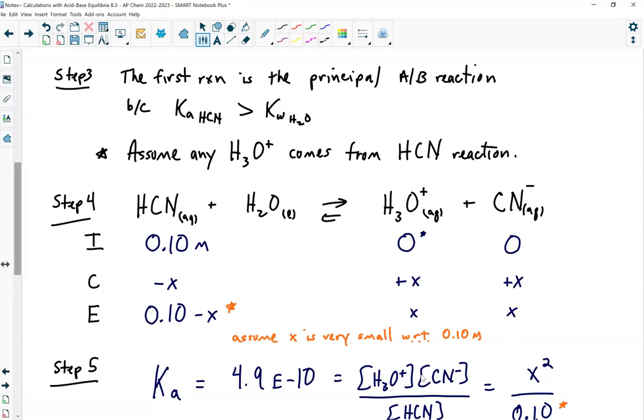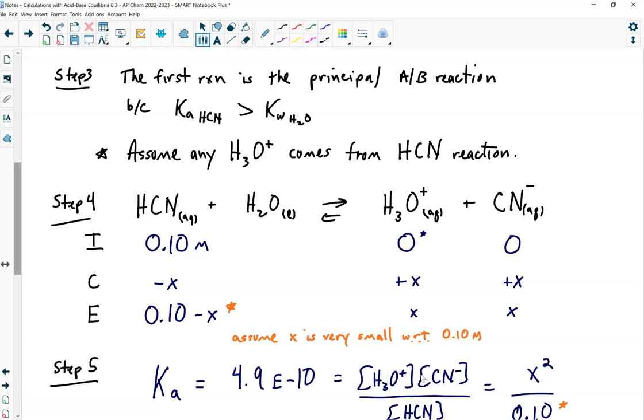Now, in the end, if you find out that X is greater than 5% of 0.10 molar, then you can't make this approximation, and you'll have to use a quadratic equation solver. But the College Board's not going to ask you to solve one that uses a quadratic equation solver.